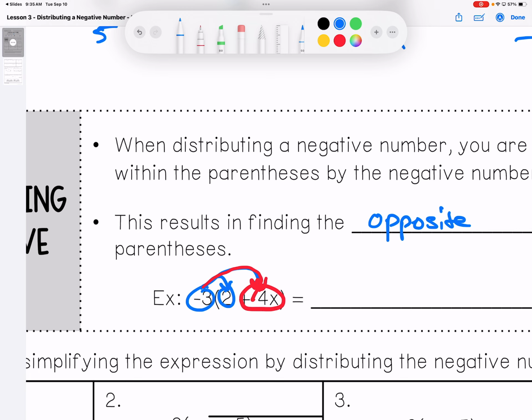All right, so we're going to go negative 3 in blue, negative 3 times positive 2. We have negative 3 times positive 2 plus negative 3 times, you can put parentheses around all of it if you want to, negative 3 times 4x.